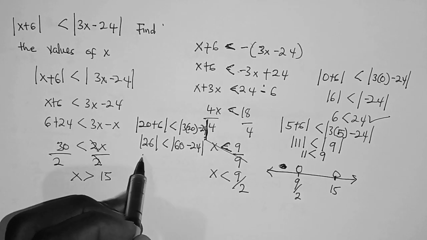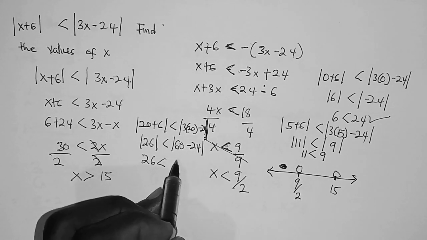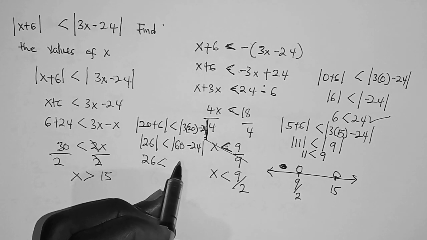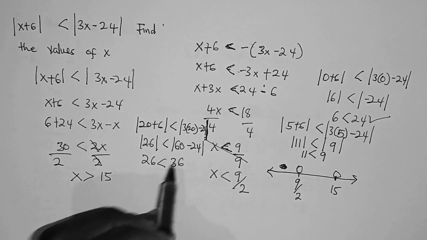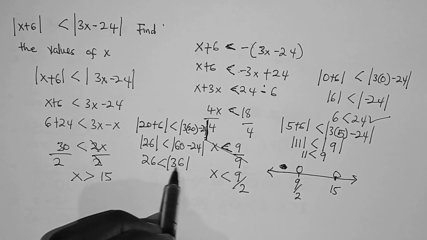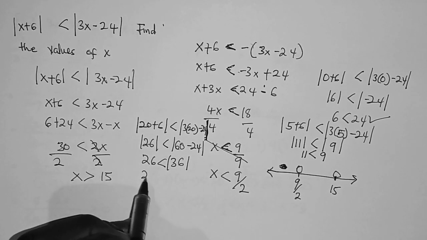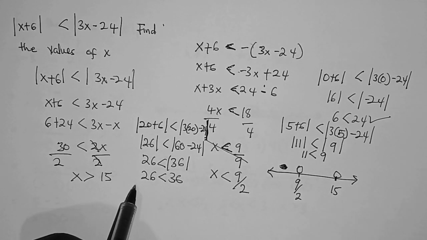So absolute value of 26 is 26 less than 60 minus 24 is 36. So absolute value of 36 is 36. So 26 is less than 36. And this is a true statement.